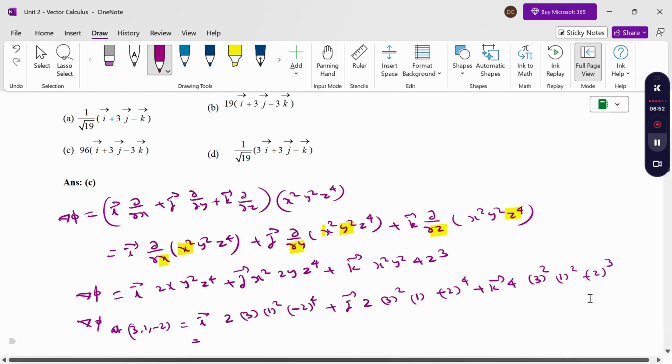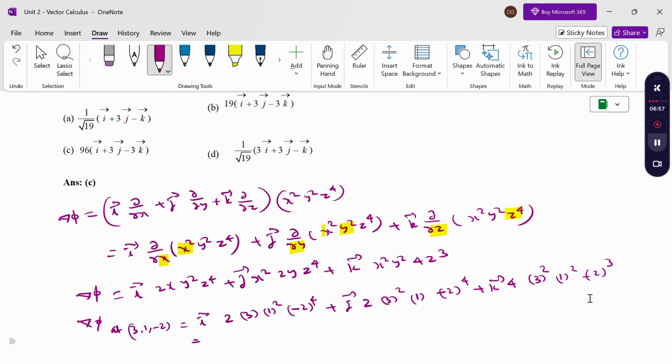So therefore this term, 2 power 4, 2 into 2 into 2 into 2 is 16, so 16 into 2 is 32, so 32 into 3 is 96 I vector.